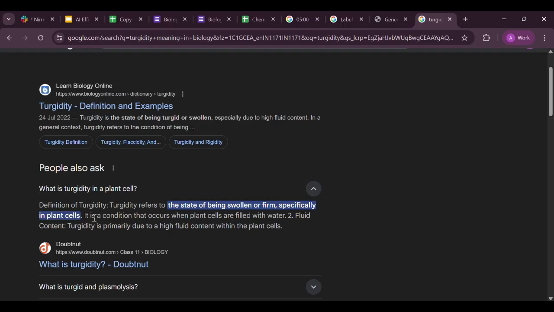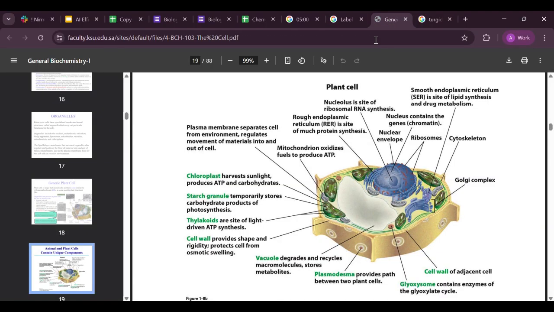It is a condition that occurs when plant cells are filled with water. Okay, let's check whether it is going to fulfill. No, it is not that clear.